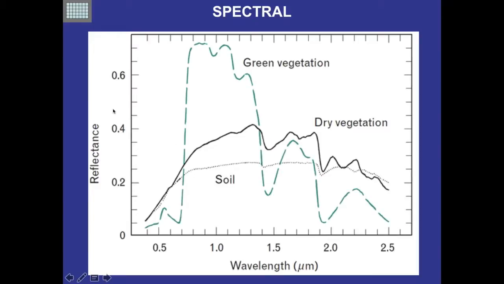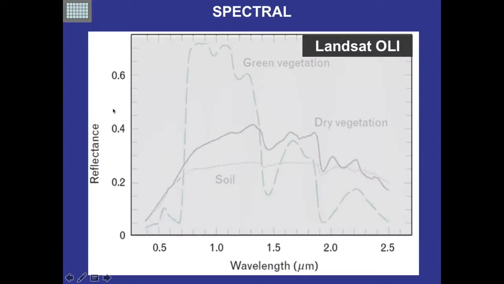So let's imagine how Landsat might see that, or the OLI sensor might see that. In terms of looking at pixels which are covered in soil, the values that you might get for different bands are something like this in terms of reflectance. So band 1, band 2, 3, and 4. 2, 3, and 4 are the blue, green, and red bands.